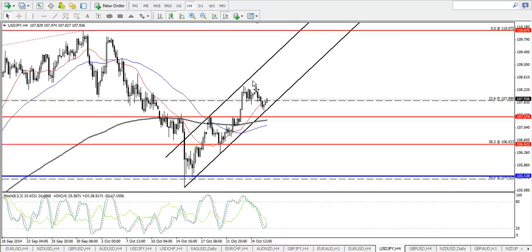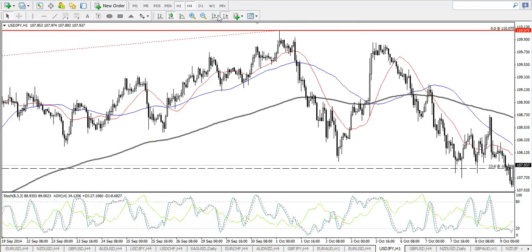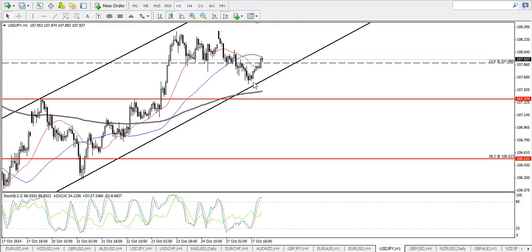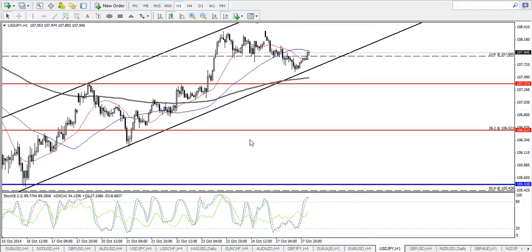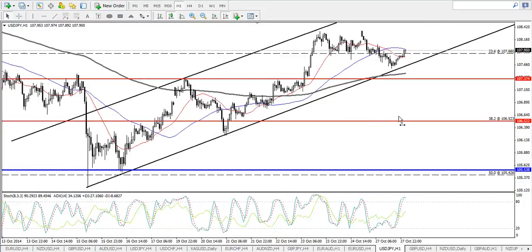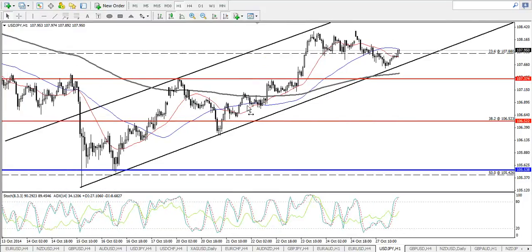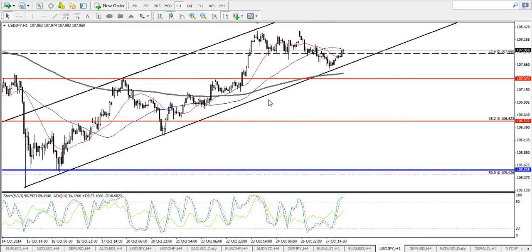Coming back to the 4-hourly chart, we can see that there is a rising trend channel forming as well, and price is almost touching the bottom of the rising trend channel, but it seems that price is about to rebound as well. But of course, we shall wait for it to really touch the bottom of the rising trend channel, wait for a trade setup, then we can go for a long opportunity as well.